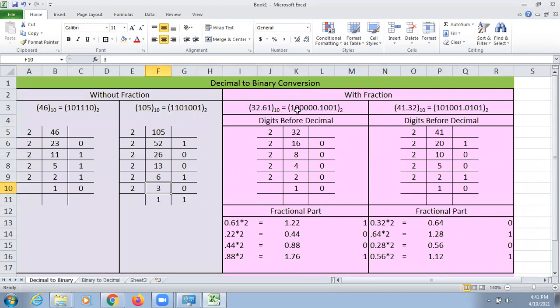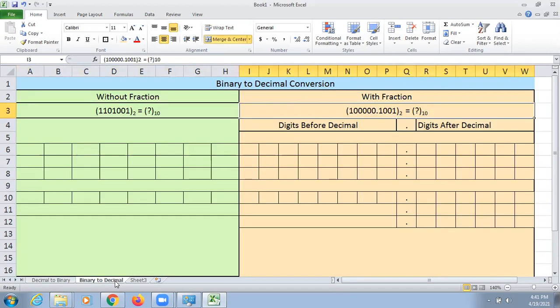This is 1 and 5 times 0 dot 1001. This number has to be converted into a decimal number now. Let's start with a normal number without fraction.